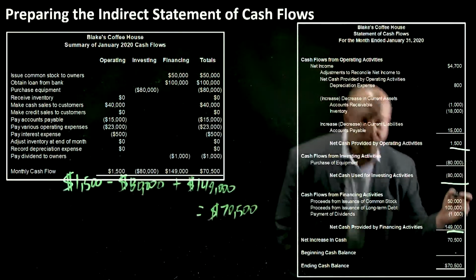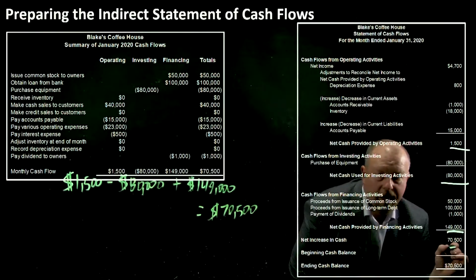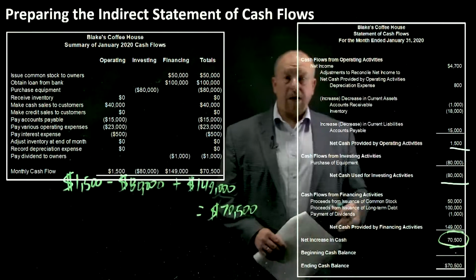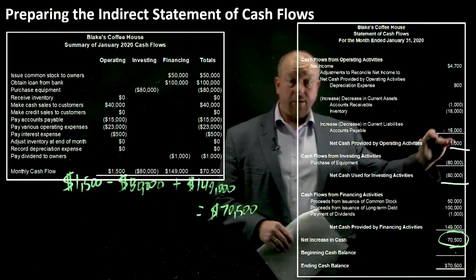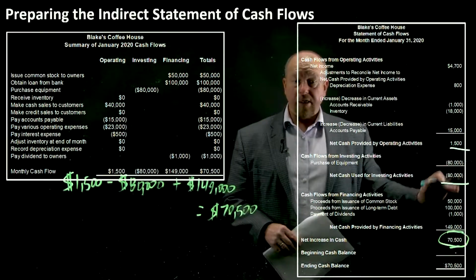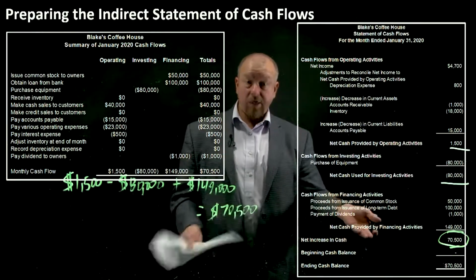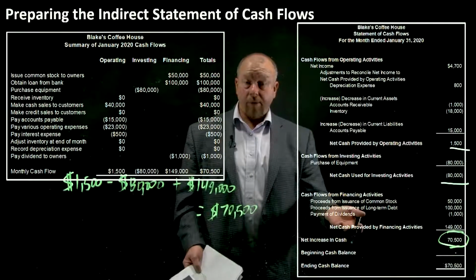So what you're basically doing, this number right here, this net increase in cash, is simply the combination, adding or subtracting, of the operating, investing, and financing subtotals. Now, of course, this certainly could be a net decrease in cash for a company.